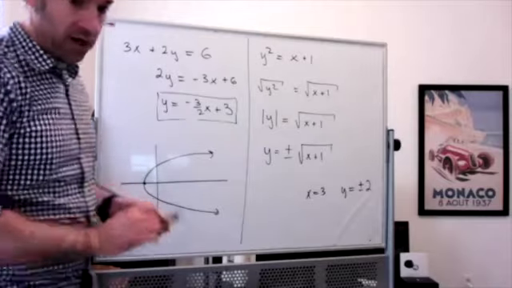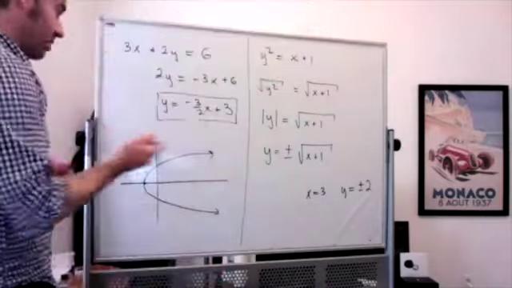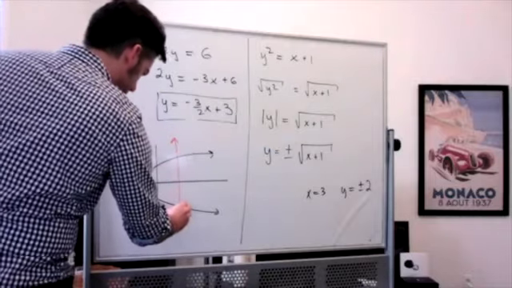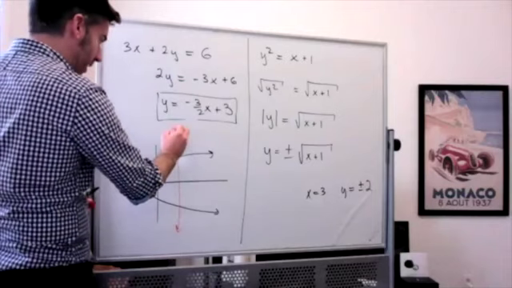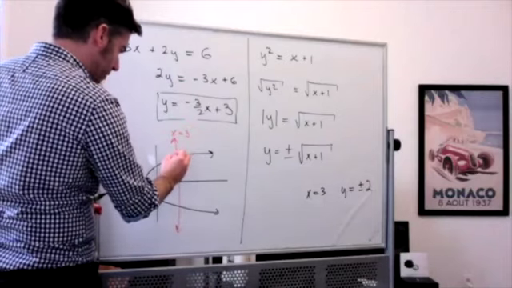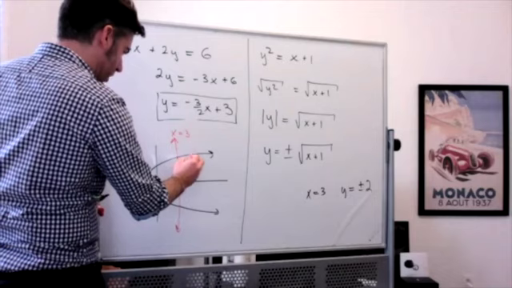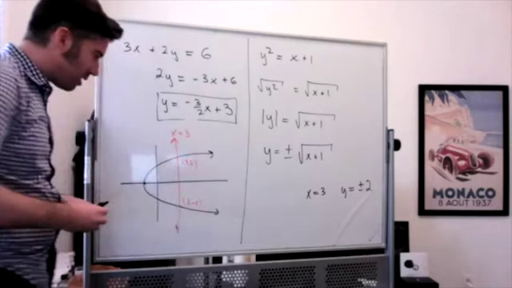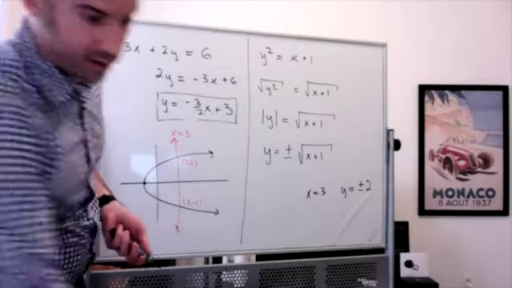You can draw a vertical line that passes through more than one point. This could be the line x equals 3, and it passes through the points (3, 2) and (3, negative 2). So definitely not a function of x.